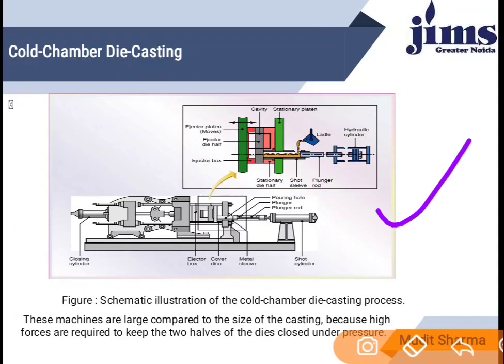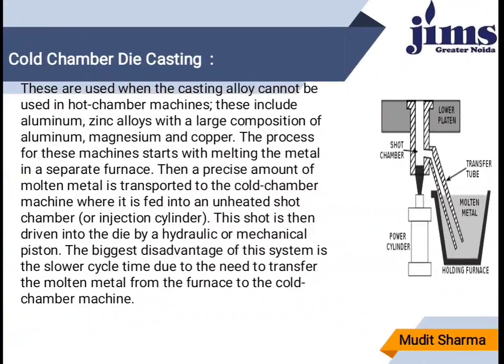The metal is forced into the die cavity at a pressure ranging from 20 to 70 megapascal, although it may be as high as 150 megapascal. This process can be done horizontally or vertically. High melting point alloys of aluminum, magnesium and copper are normally cast by this method. I hope you will understand what cold chamber die casting is. You will study this process with the help of this PPT.